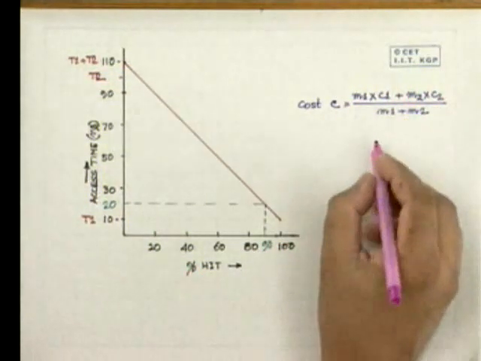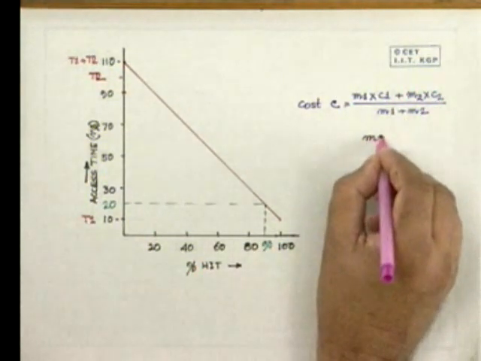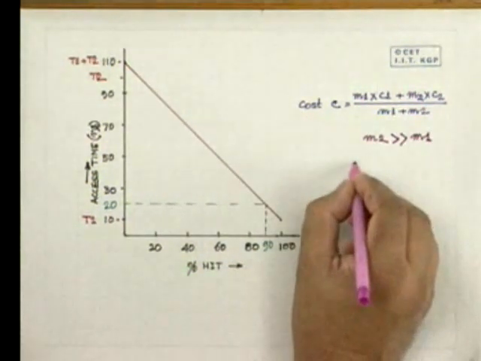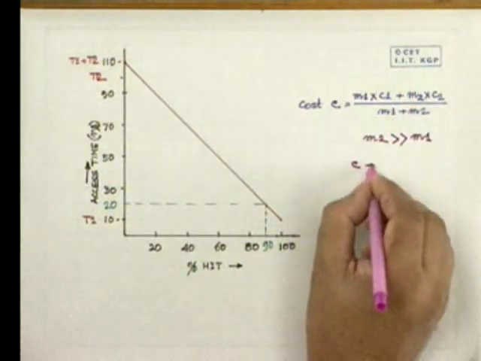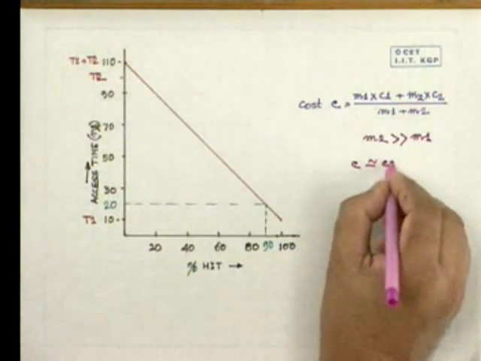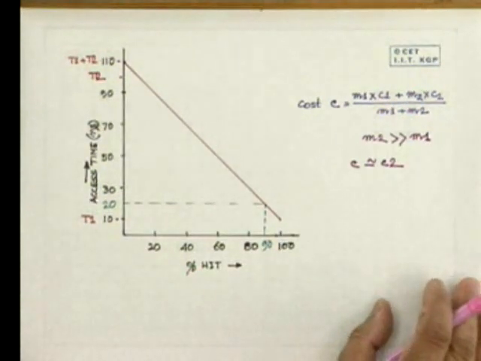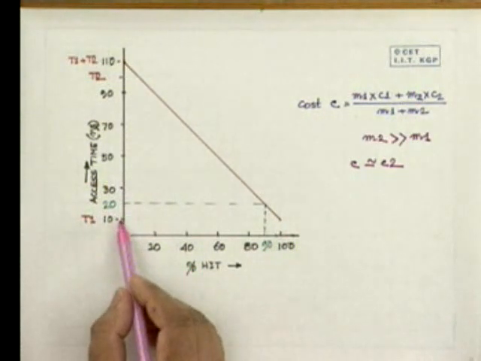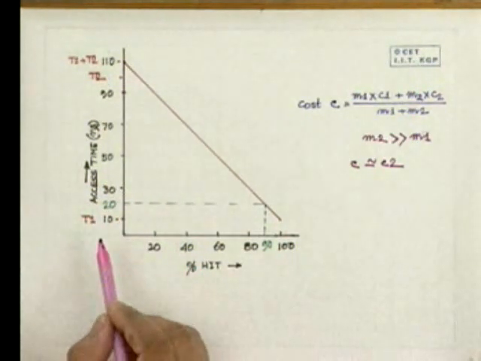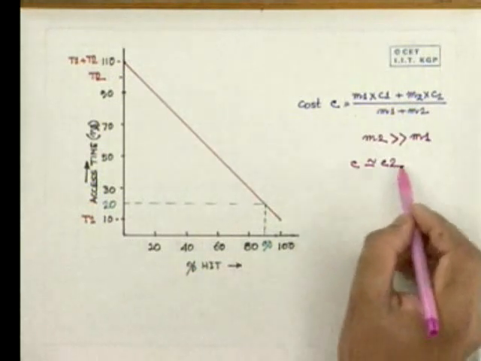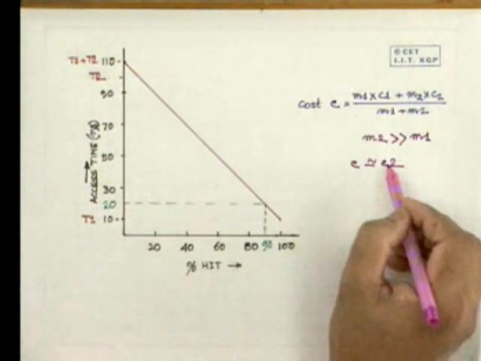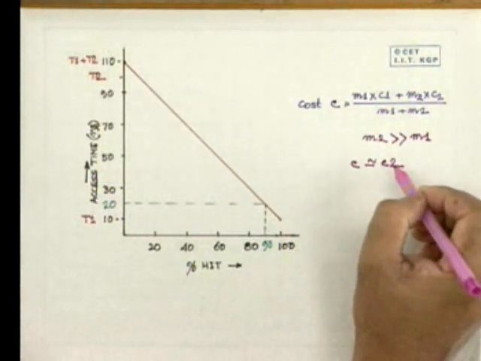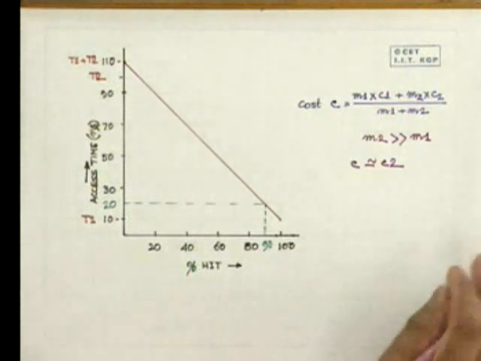Since M2 is much greater than M1, the cost C will be very nearly equal to C2, which means that we are getting an access time which is close to T1, the access time of the cache memory, at a cost which is close to C2, the cost of the main memory.